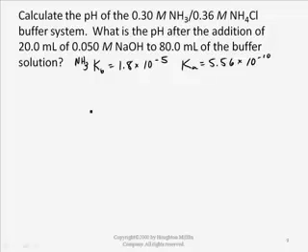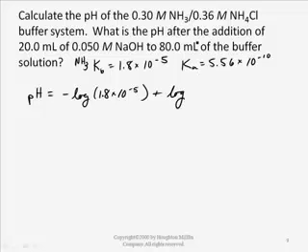So the pH of our solution is the negative log of 1.8 times 10 to the minus 5th plus the log of the base, 0.3, over 0.36, our acid.